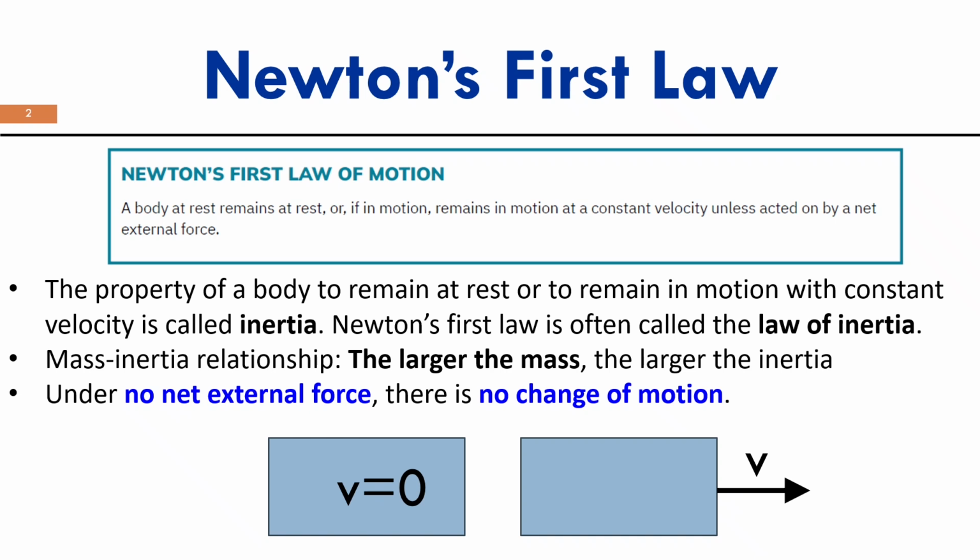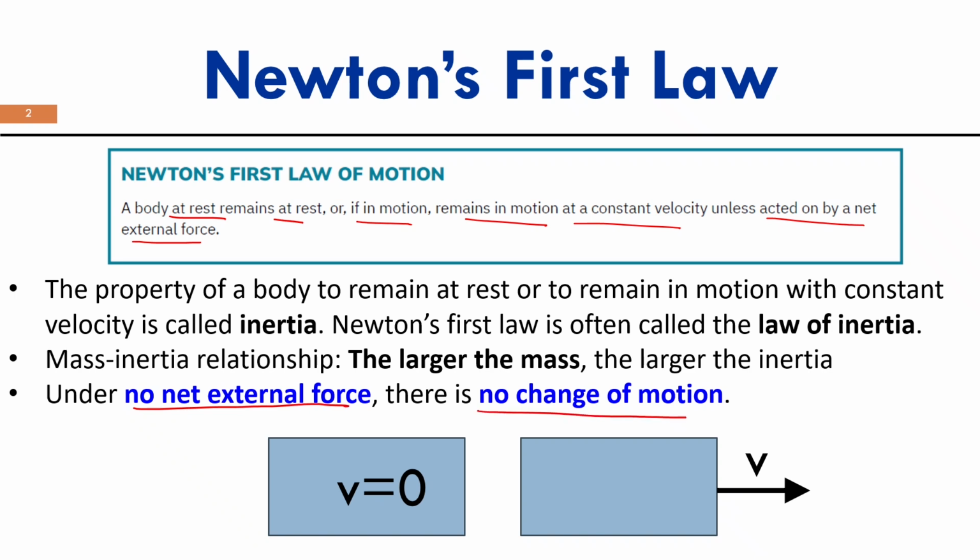So the law says a body at rest will remain at rest, or if in motion, remains in motion at a constant velocity unless acted on by a net external force. So the keywords are under no net external force, there is no change of motion.